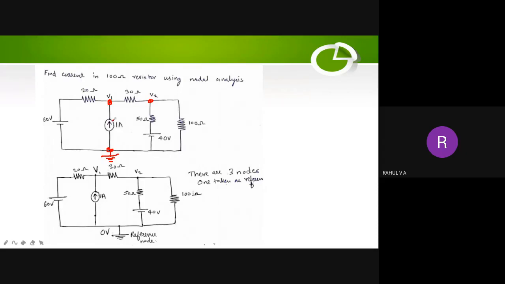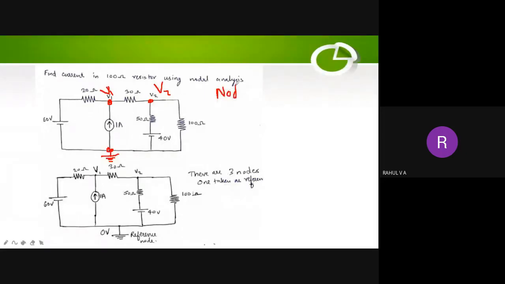What we have to do is apply KCL at nodes 1 and 2. In the case of KCL, the voltage at node 1 is V1 and the voltage at node 2 is V2. Then you do the analysis of node 1.